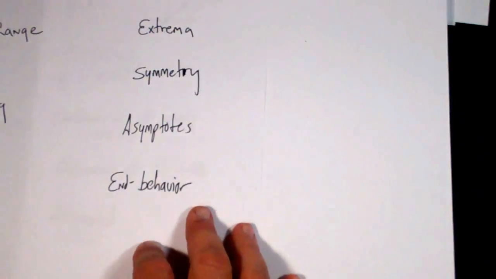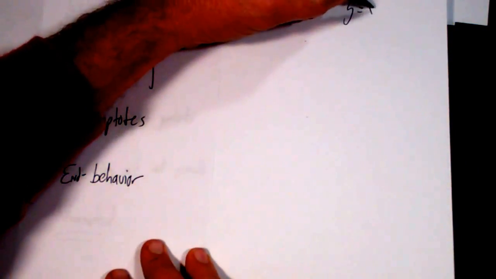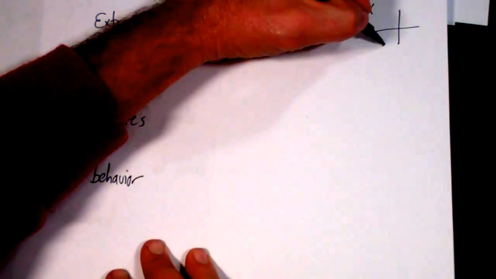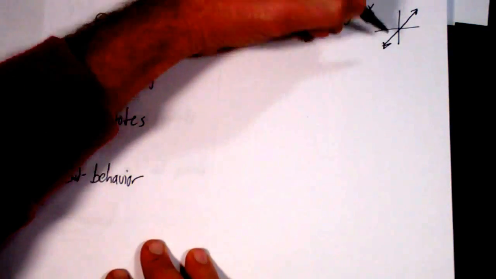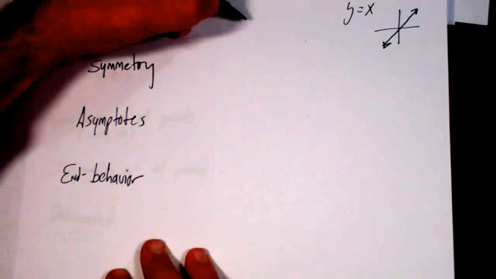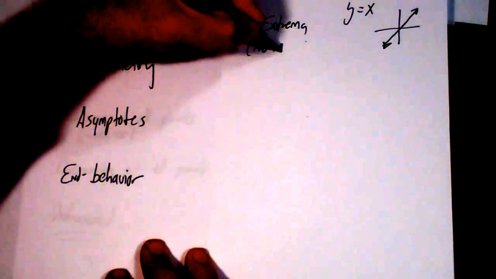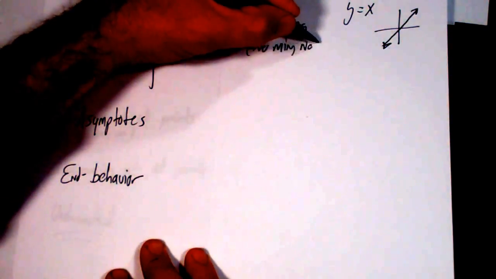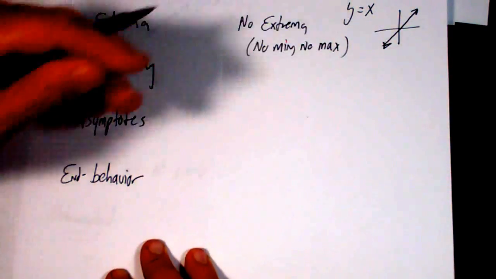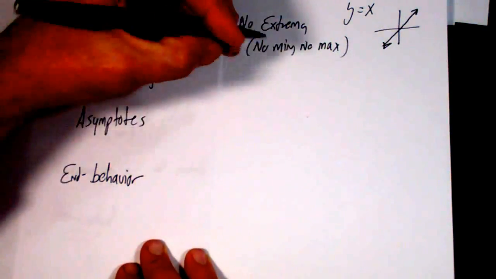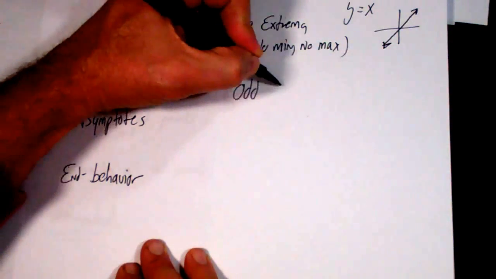Let's look at the rest of our properties. Again, y equals x looks like this, a 45-degree line. Extrema: there are no extrema. In other words, there's no min and there's no max. Symmetry: it is an odd function.